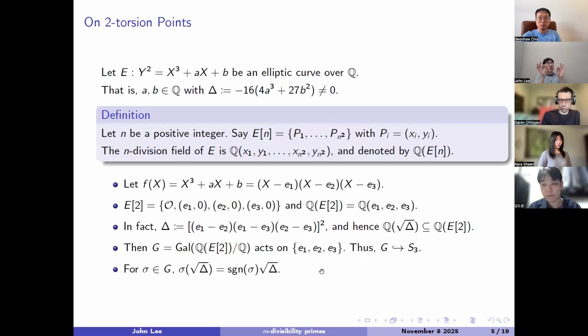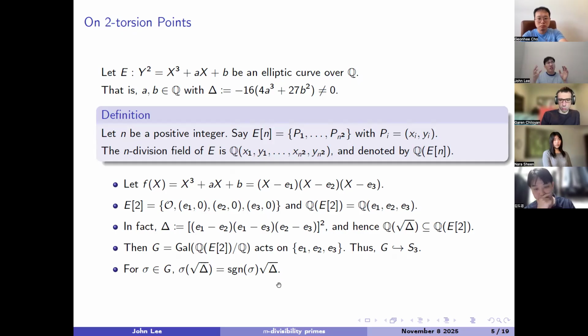If, for example, sigma only switches e1 and e2 but not e3, then the sign is -1. If e1 and e2 are switched, then this one has an opposite sign, but the other two have the same sign anyway. In this case, sigma of the square root of delta should be negative square root of delta, which matches up with the sign of sigma times the square root of delta.